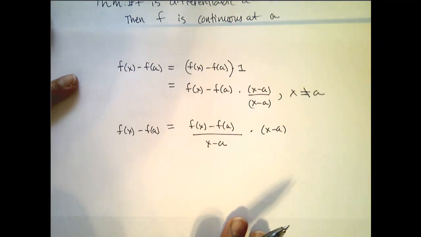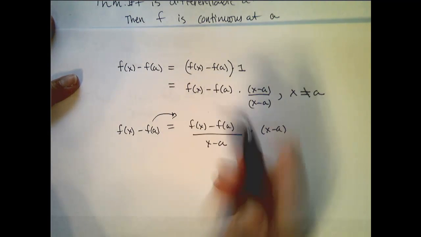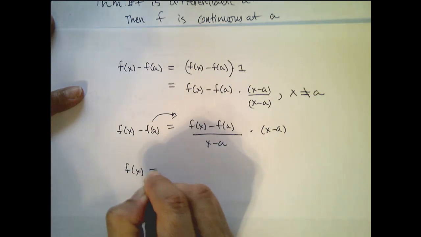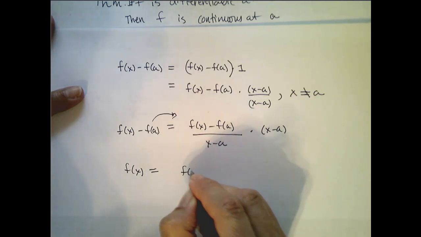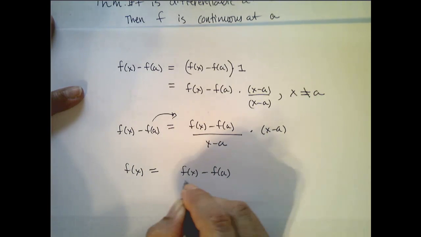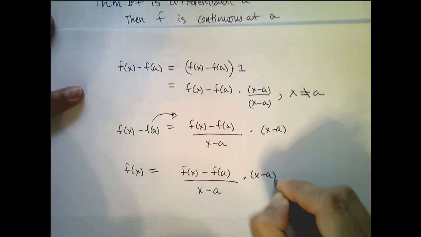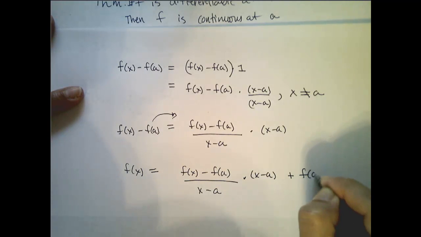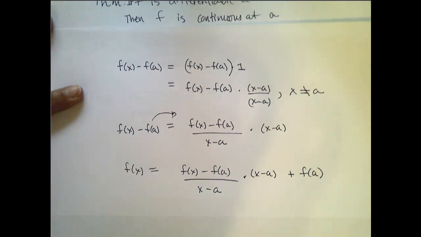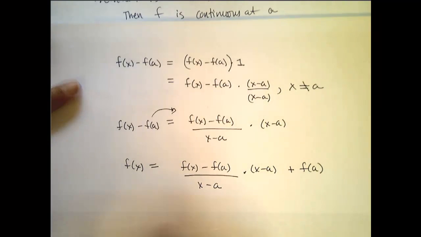Okay? Now I'm going to move that over. So f of x is equal to f of x minus f of a all over x minus a times x minus a plus f of a. Okay? All right, we're ready to take the limit.